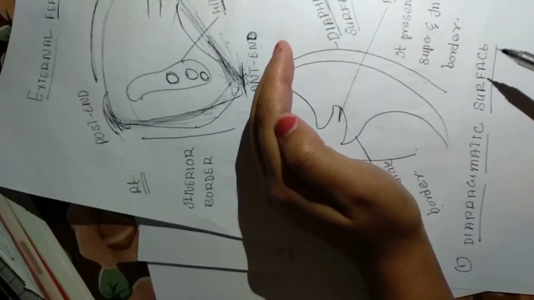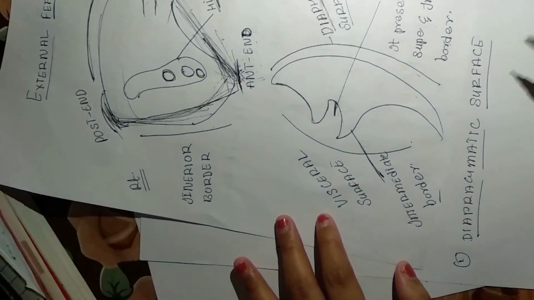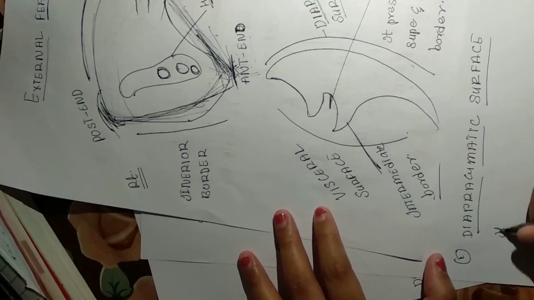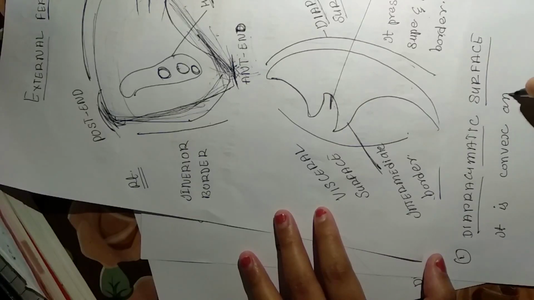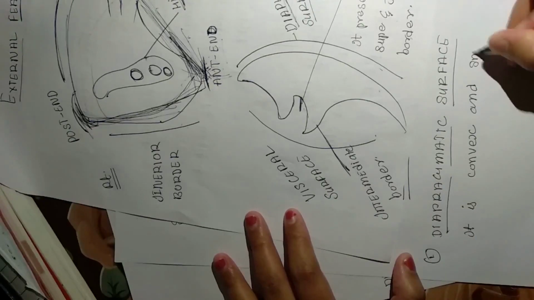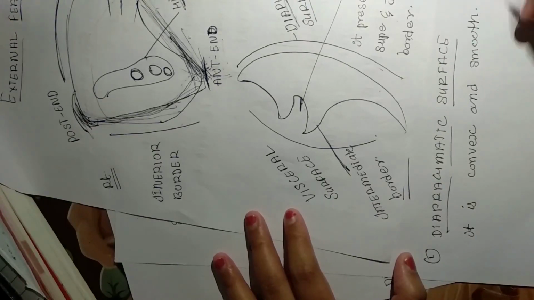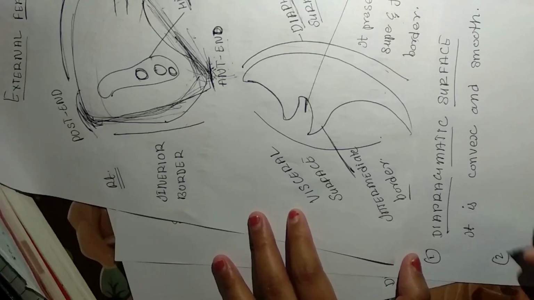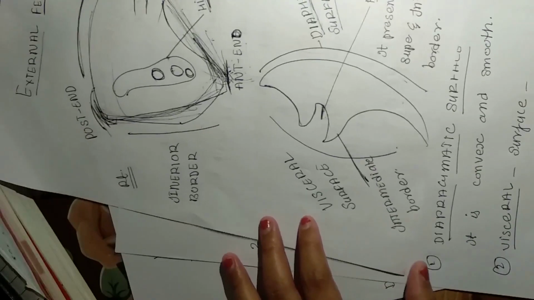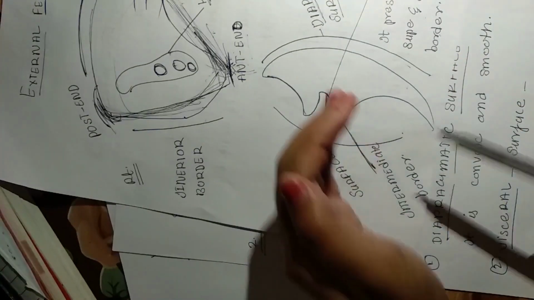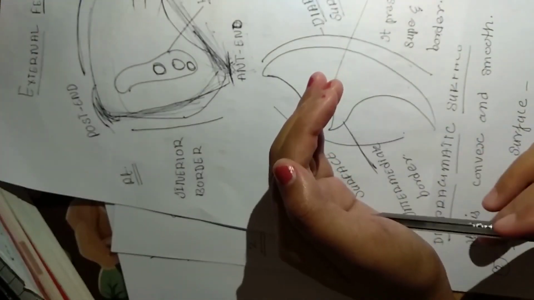Diaphragmatic surface is smooth and convex. Now visceral surface, second. It is concave and irregular.